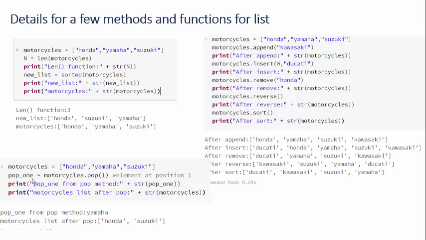and we can reverse and sort the list, and we can apply a few functions, like finding out how many elements are within the list, and we can sort the list and save the result to a new list by using the sorted function. But the sorted function is not going to change the motorcycle list content itself, the order itself.